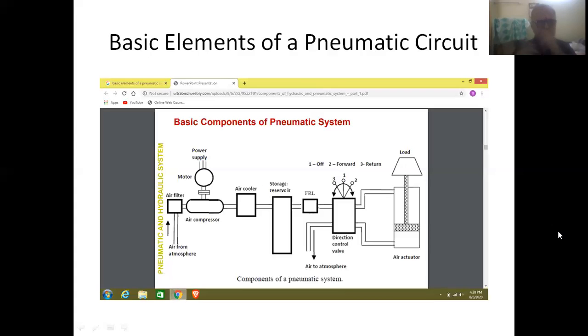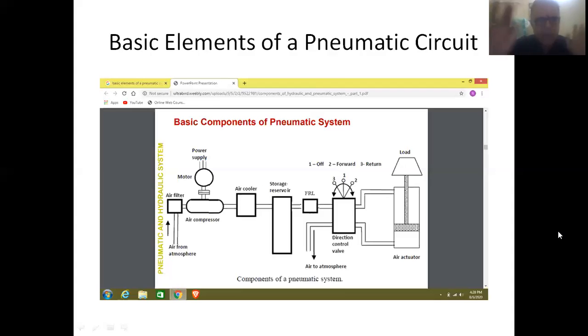So friends, these are the various components, and this is the general arrangement of a pneumatic circuit. Basically, the compressor is used for operating the cylinder, and the cylinder is ultimately used for operating the tool or a spindle of a machine, or for moving loads as shown in the figure, in forward and backward directions. Therefore, compressor and cylinder put together are called the primary components of the pneumatic circuit.